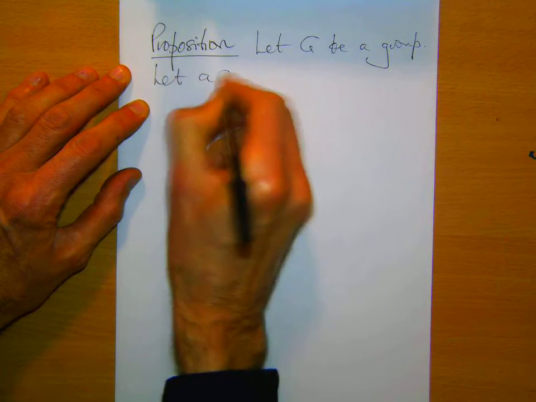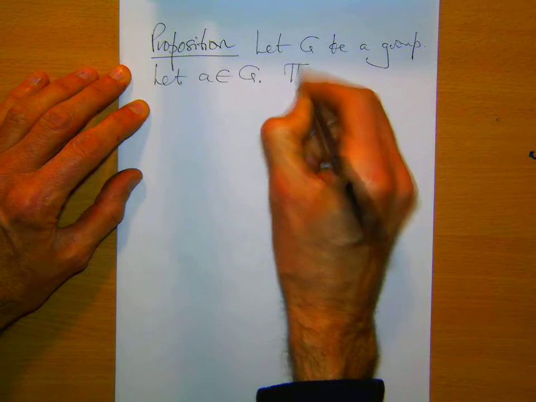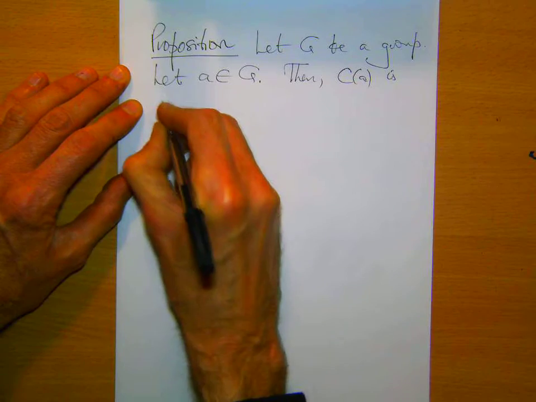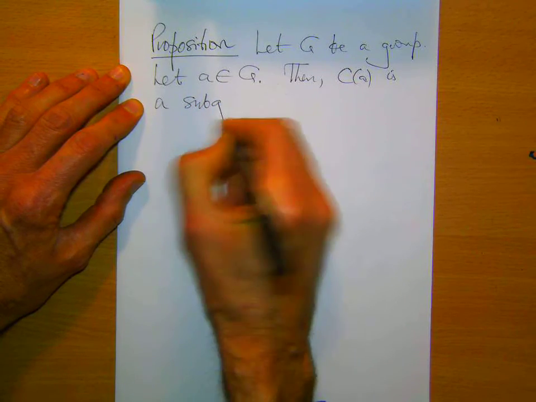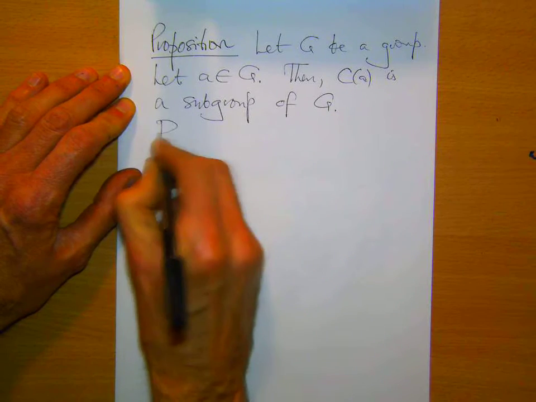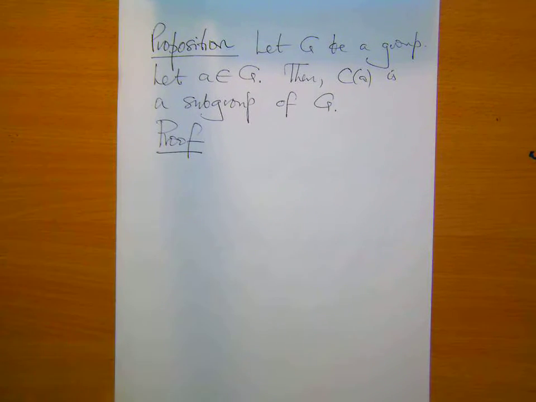Let A be in G. Then C of A is actually not just a subset, it's a nice subset, it's a subgroup of G. So, as almost is always the case when we're proving that something's a subgroup, we use the subgroup criterion, which we introduced quite a while ago now.